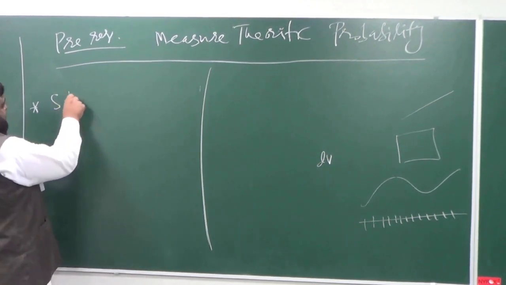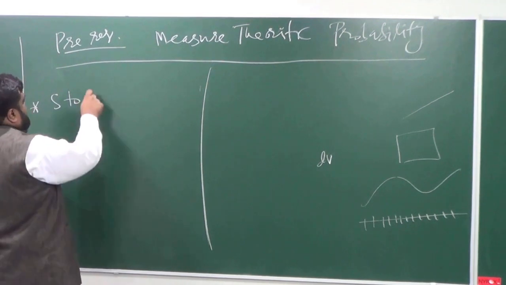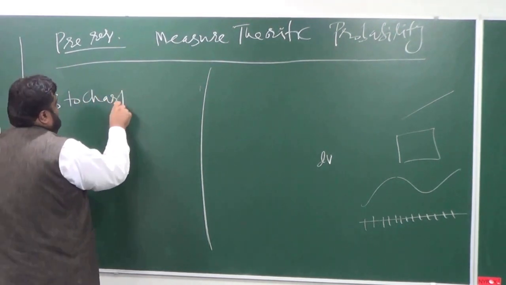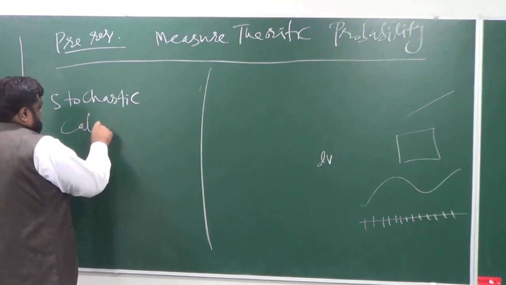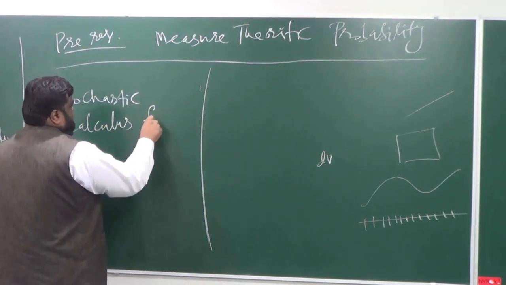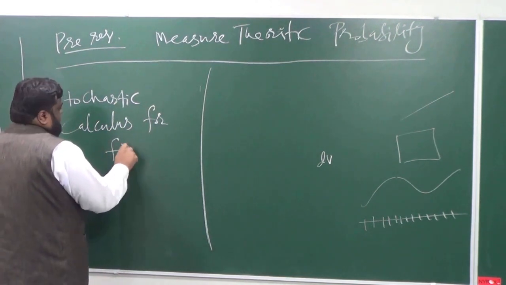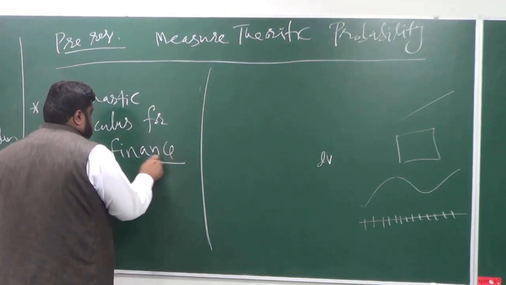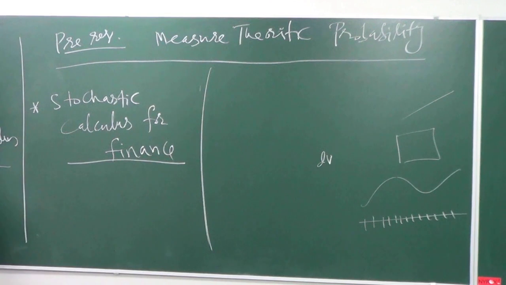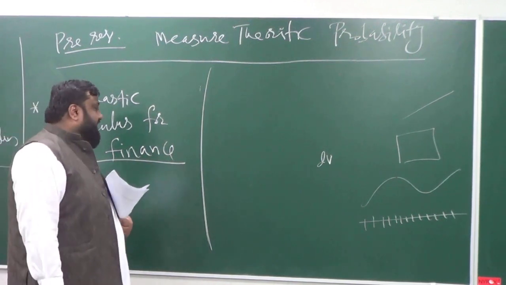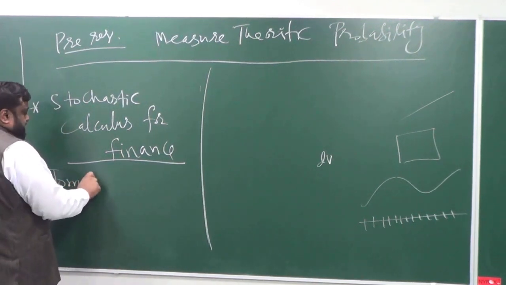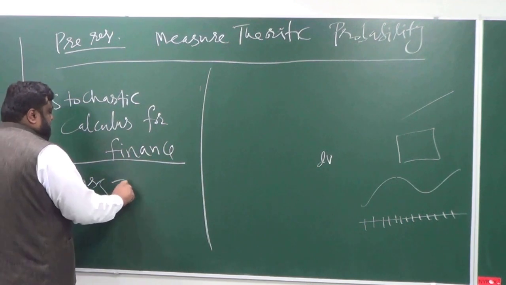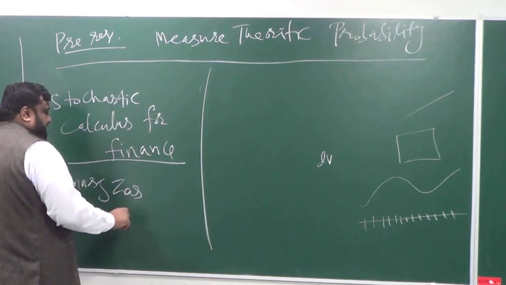But for this course, I will highly encourage you to follow the book Stochastic Calculus for Finance. You will find very little finance in it, a very rigorous version of stochastic calculus. It's a book by Thomas. That's fine. It's a very good introduction.